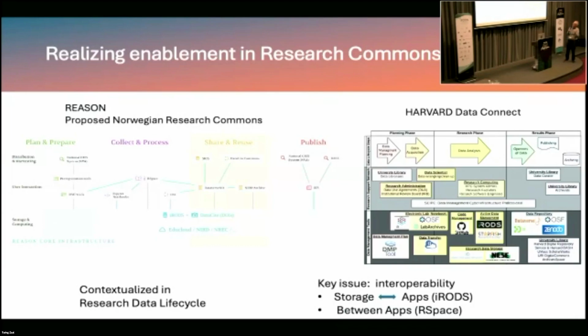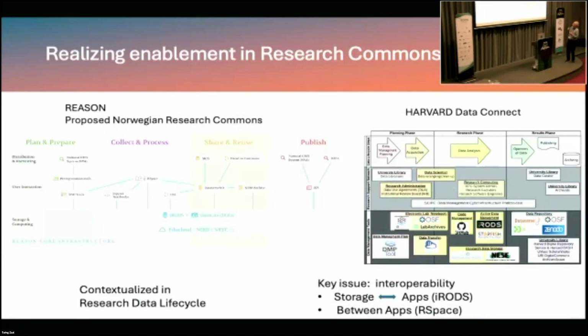So you have the research data lifecycle built on this structure, which goes from plan to prepare, collect and process, share and reuse, and then publish. And you have a bunch of what he referred to as apps, and some of the apps are already interoperable, like DMP tools in RSpace and Dataverse. You can already pass data and metadata between them, but most of them are not.